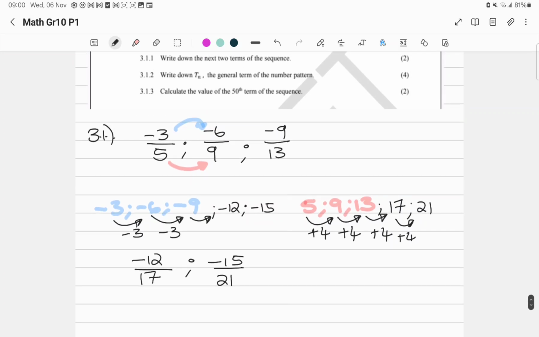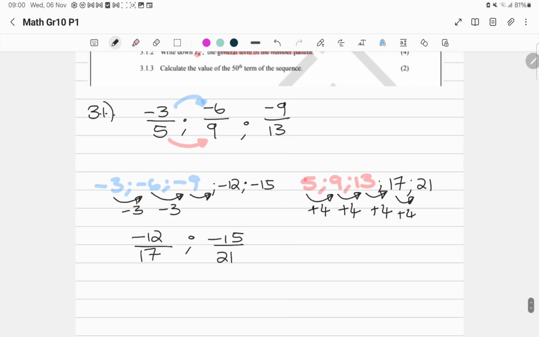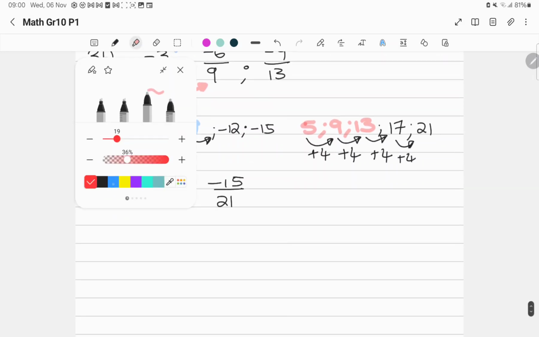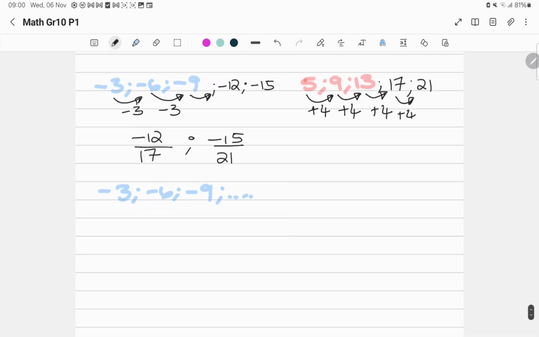Now at question 3.1.2, they say write down Tn, the general term of the number pattern. Now same thing, I have two parts. I have my first part, which was minus 3, minus 6, minus 9, etc. So for my first part, I need to get the general term. So it's going to be Tn equals a plus d bracket n minus 1.